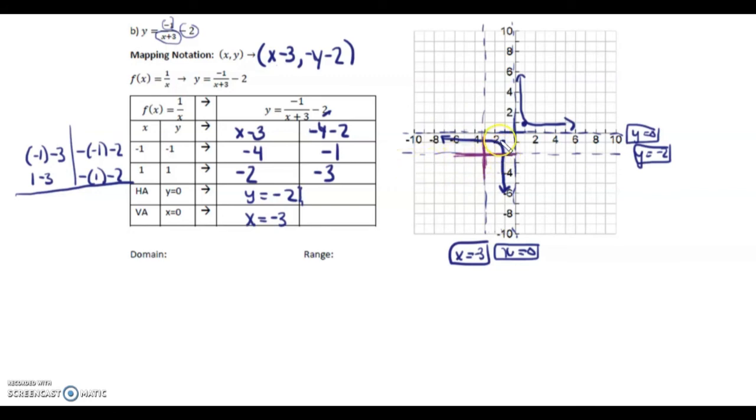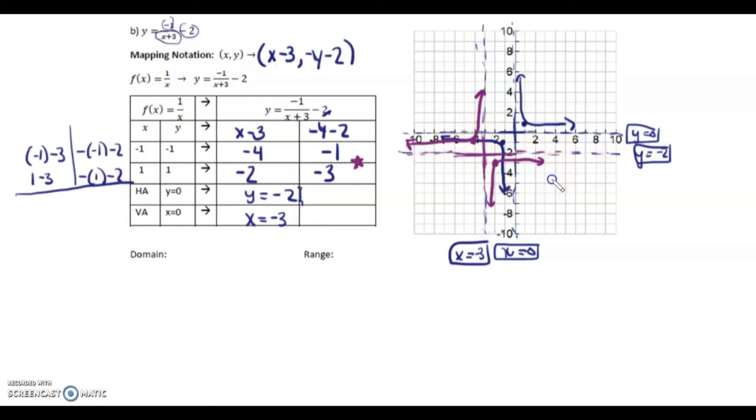So we have -4, -1, and then -2, -3. Okay, so that works. I just went straight off of these transformed points, and that works. And then we're just going to use our new asymptotes. Maybe do those in purple so that they match our graph.